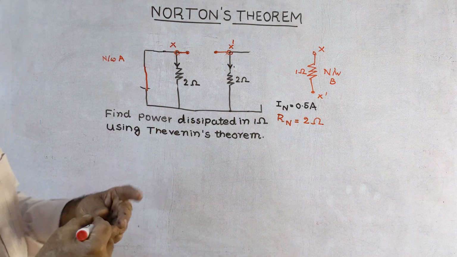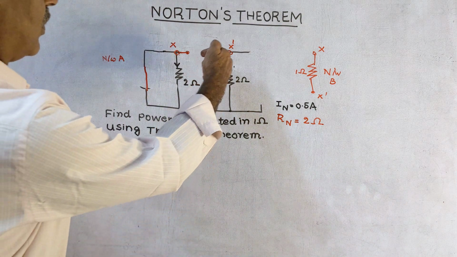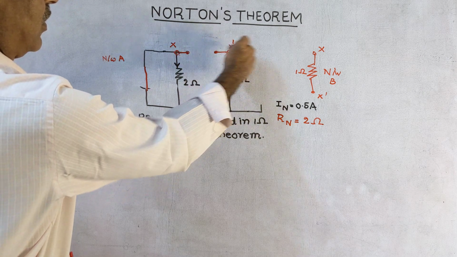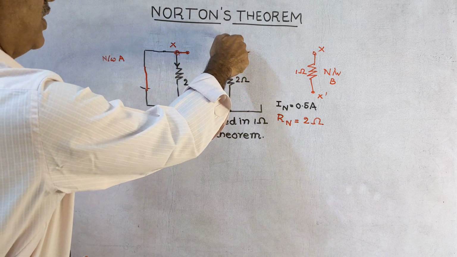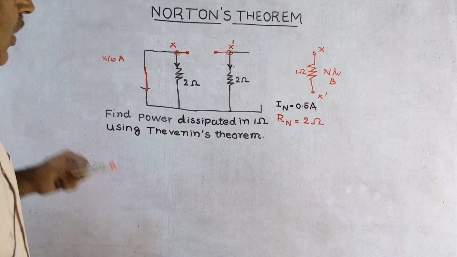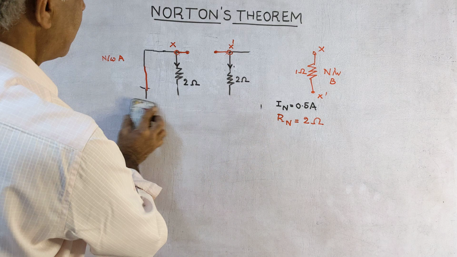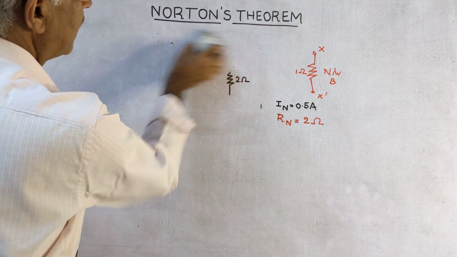Now you can construct. The short circuit current was earlier flowing like this, so X dash was more positive than X. Now I will draw Norton's equivalent.